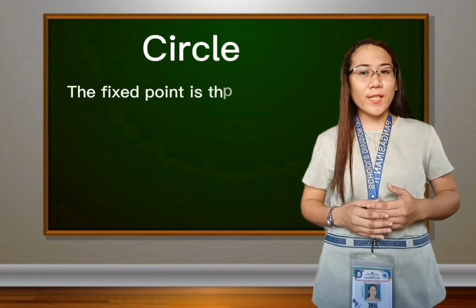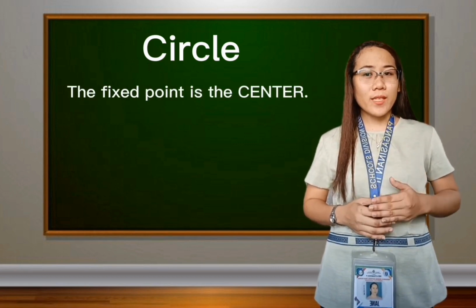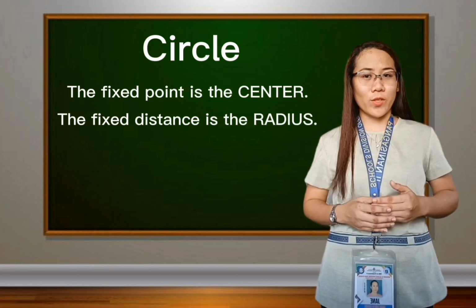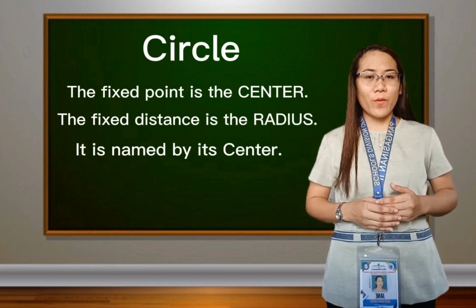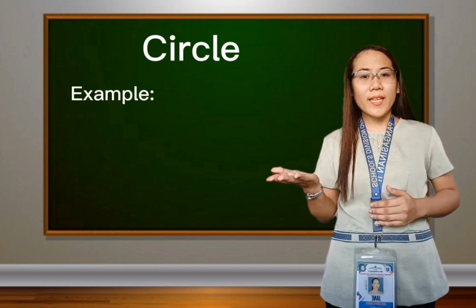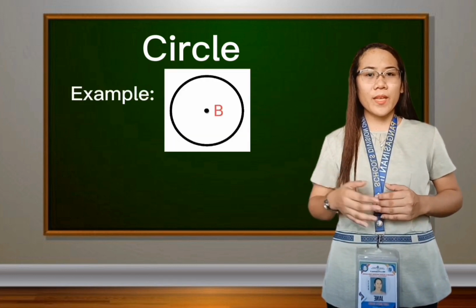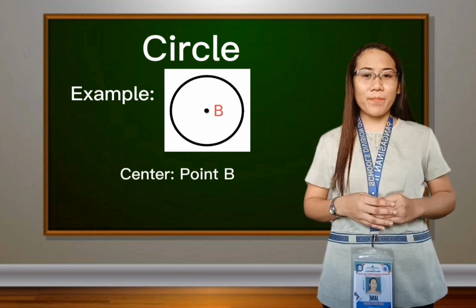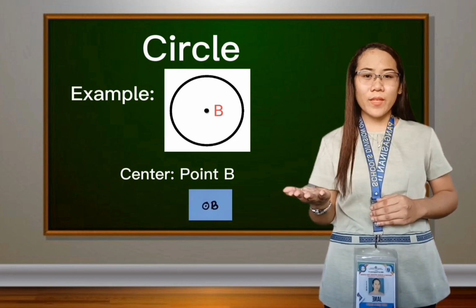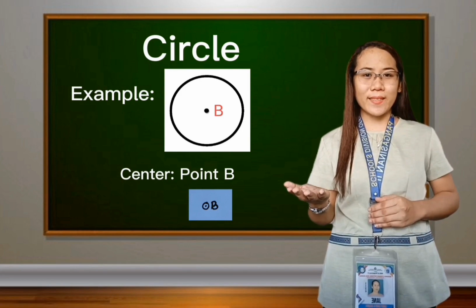The fixed point is called the center and the fixed distance is called the radius. It is named by its center. For example, in this figure, the center is at point B, or in symbol, we have circle B.